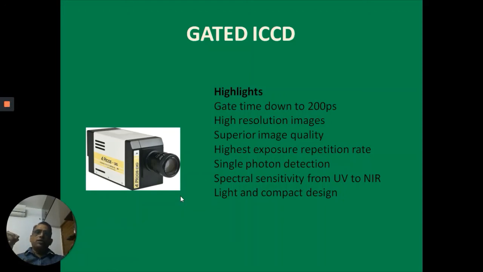PDA is less sensitive when compared to CCD. CCD sensitivity can further be enhanced by ICCD, and time measurements can be integrated into CCD by using a gating principle, so it's called the gated ICCD. So you have a variety of detectors starting from diodes to the CCDs and ICCDs.